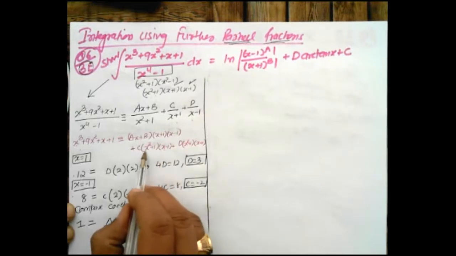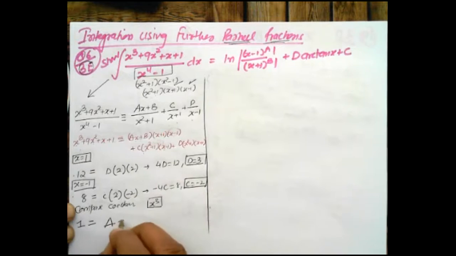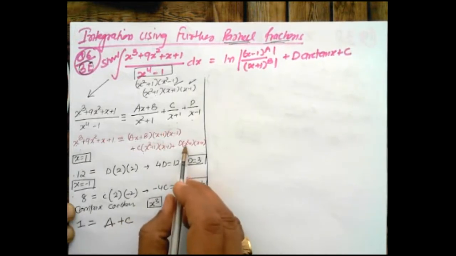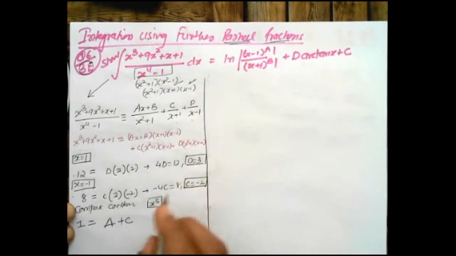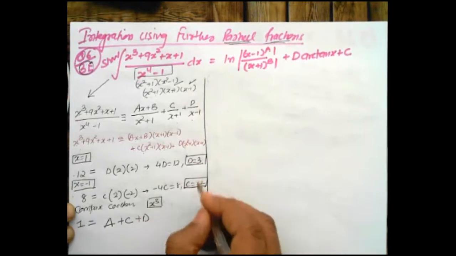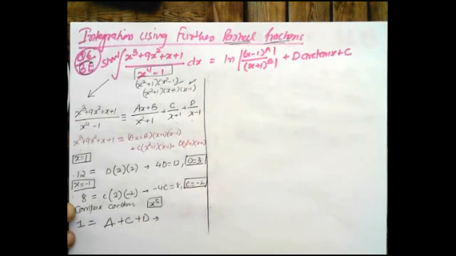I'm going to get x cubed coefficients here as well: c times x squared times x is x cubed, so plus c. And I'm going to get an x cubed coefficient here as well, so this is plus d. So I've got c and d already; that should help me find a. So 1 is equal to a plus 3 minus 2. So I got a plus 1 equals 1. Do I get a equals 0? Check, guys, is a equals 0? Check if that's what you got.